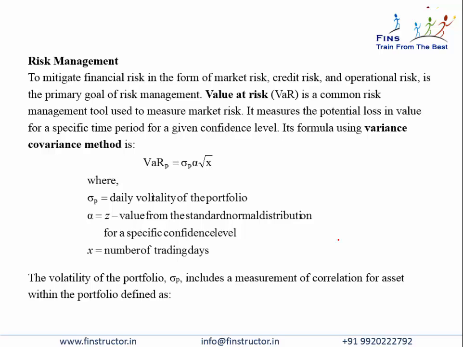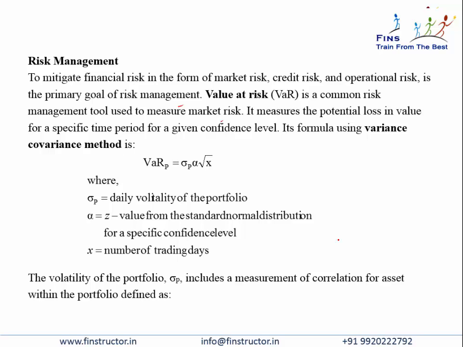Correlation can also be used for risk management, as we studied in the 5 uses. To mitigate financial risk in the form of market risk, credit risk and operational risk is the primary goal of risk management. Value at risk is a common metric to measure market risk.